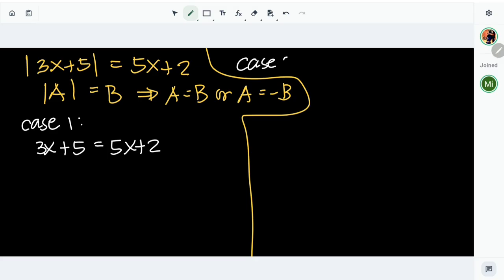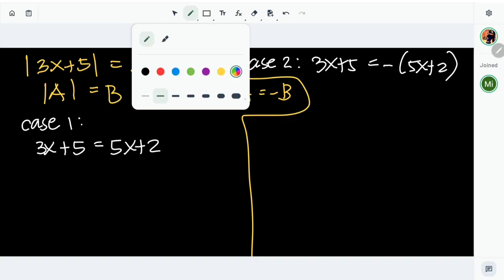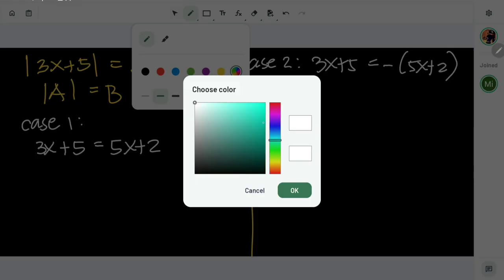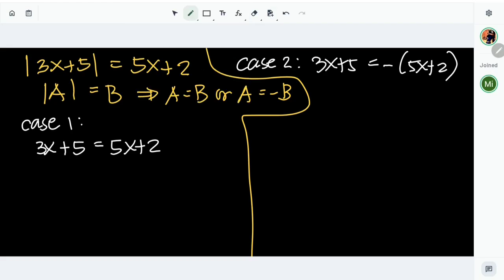Then case 2, that is 3x plus 5 equals negative 5x plus 2. Okay, then we solve for the value of x for both cases.